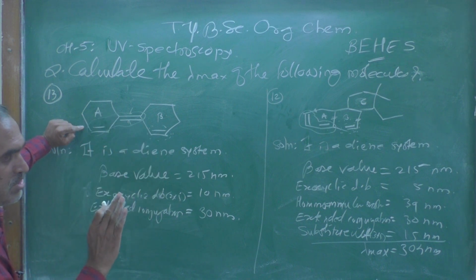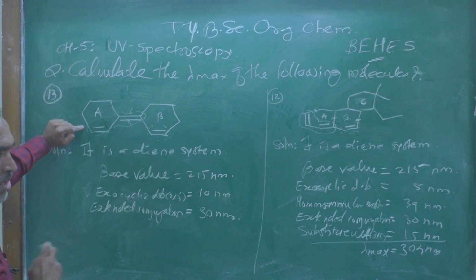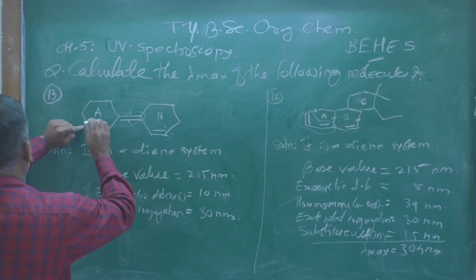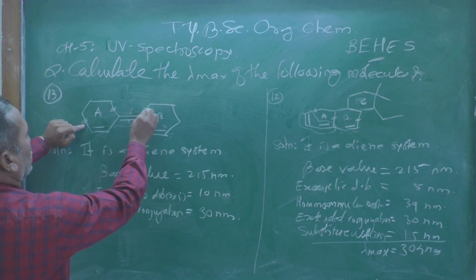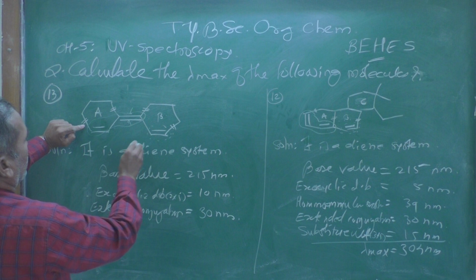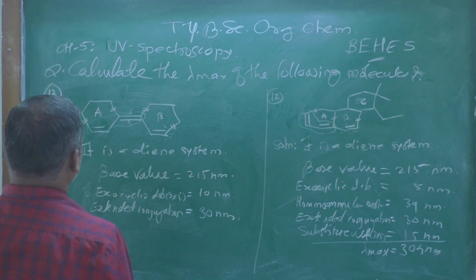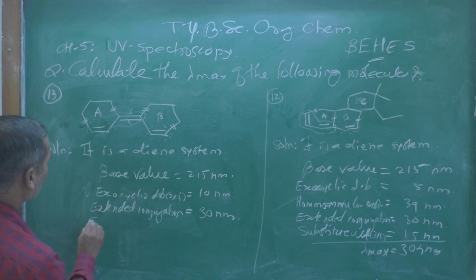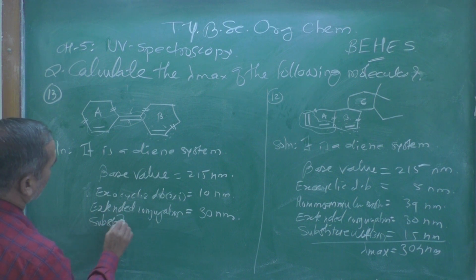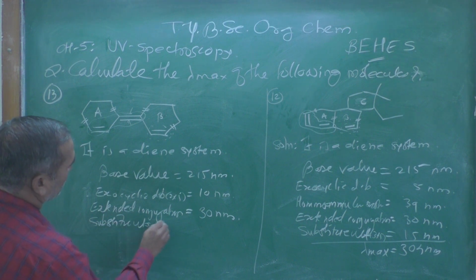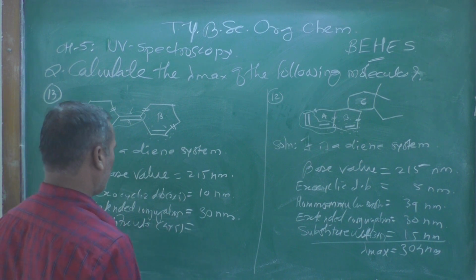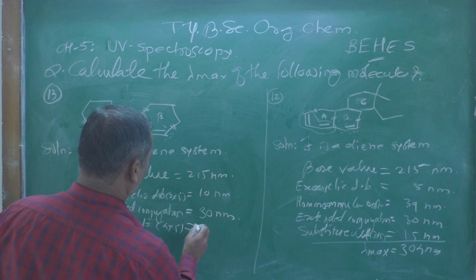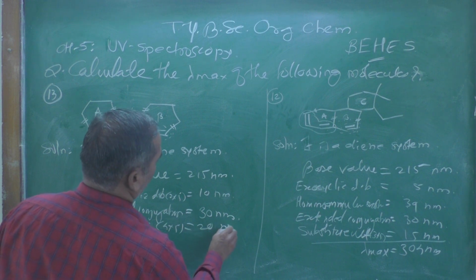Outside the diene, outside the conjugation, you count the substituents very precisely here. 1, 2, 3, 4. There are 4 substituents present over here. So substituents, 4 into 5. If you multiply 4 into 5, you will get 20 nanometer.